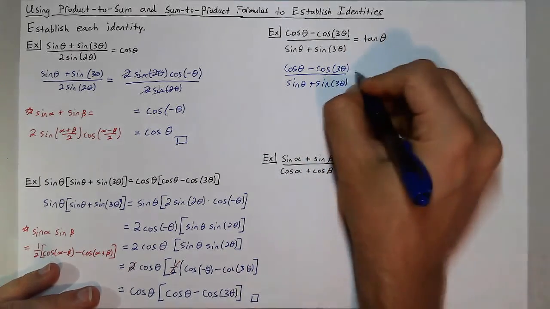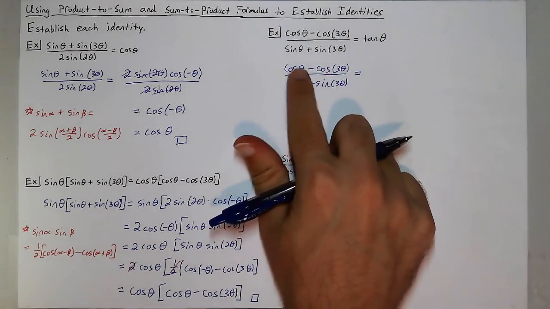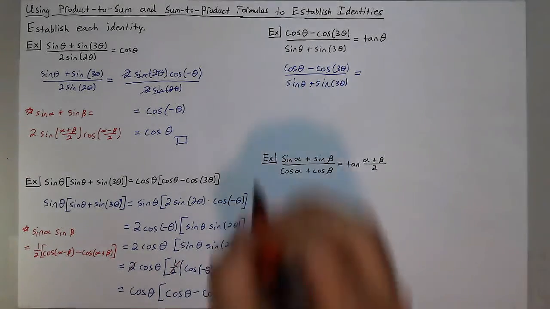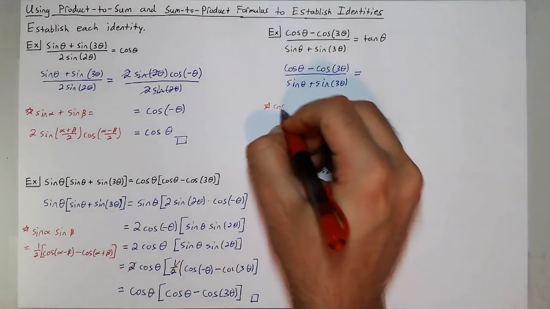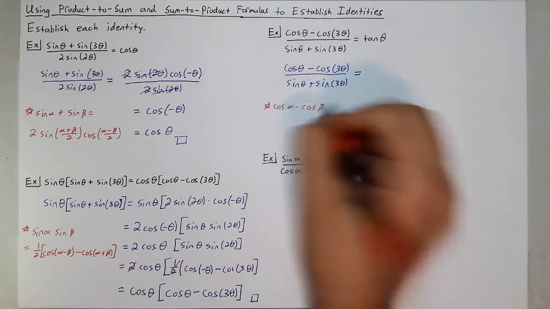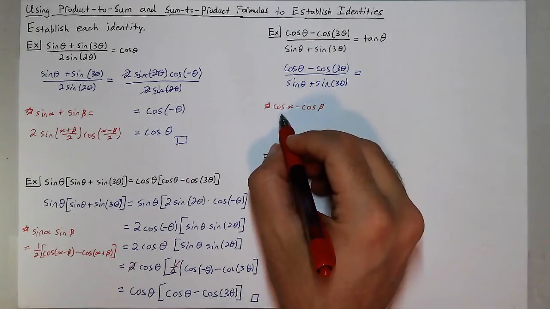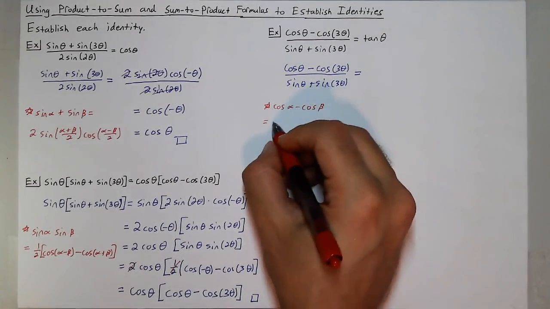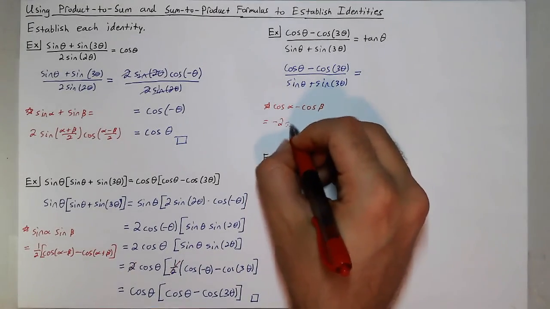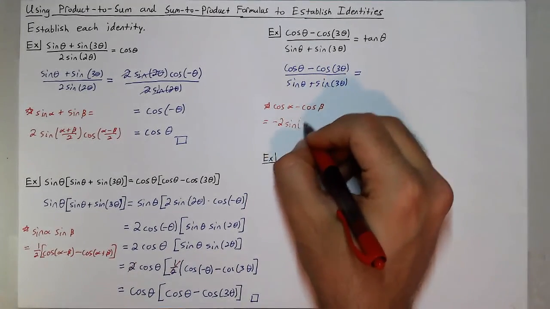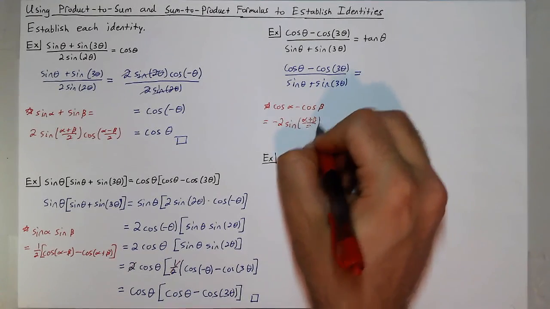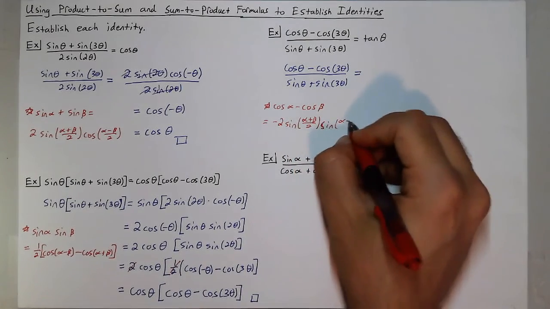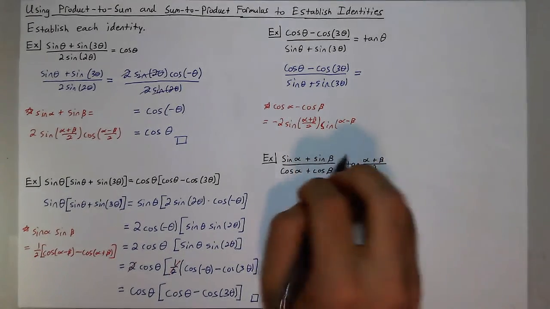And I can see already that I have a sum of cosines, so cosine minus cosine. So I can use that formula of cosine of alpha minus cosine of beta, which is equal to -2 sine of alpha plus beta over 2 times, not cosine, but sine of alpha minus beta over 2.